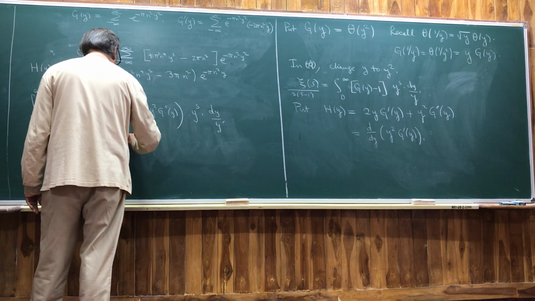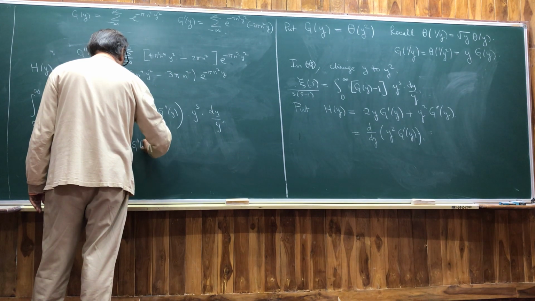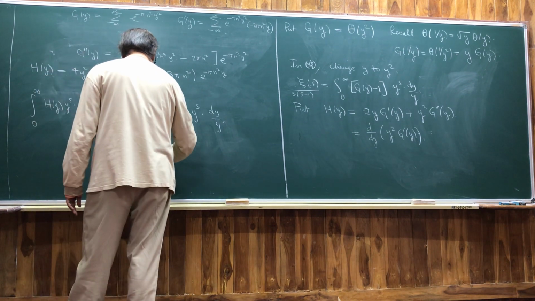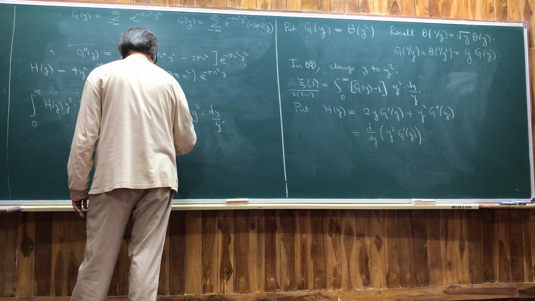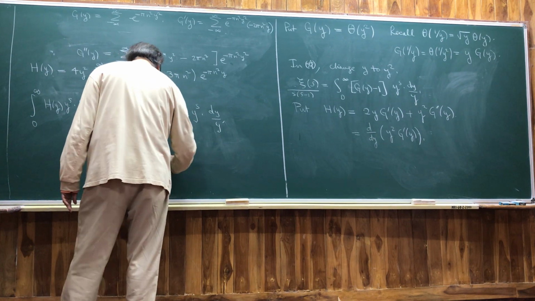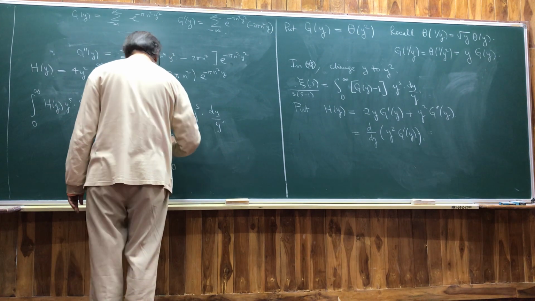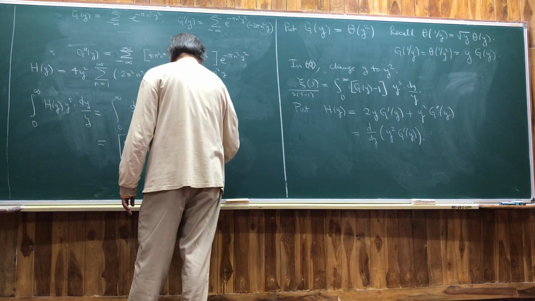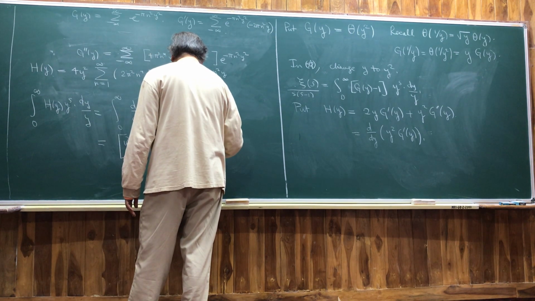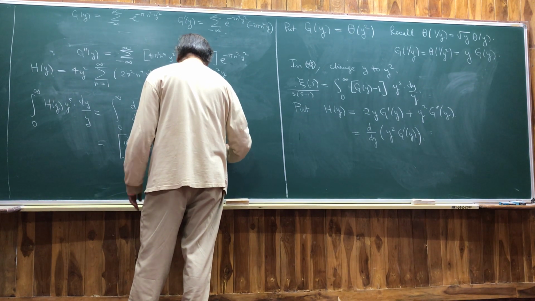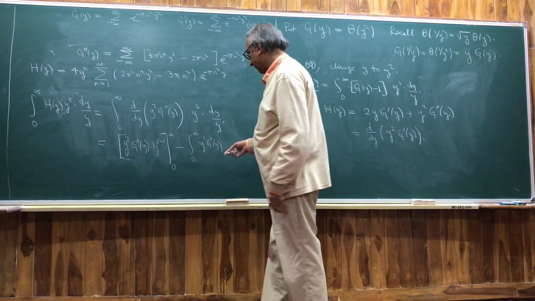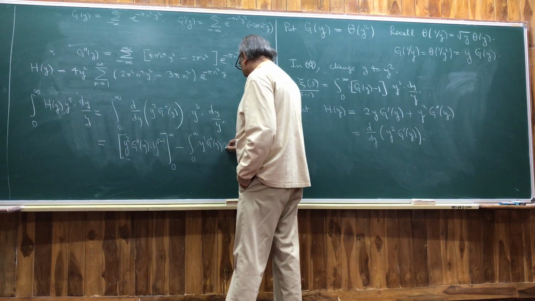Y squared g double prime of y to the s minus 1, from 0 to infinity, minus the integral to infinity of y squared g double prime of y times the derivative of y to the s minus 1, which is s minus 1.